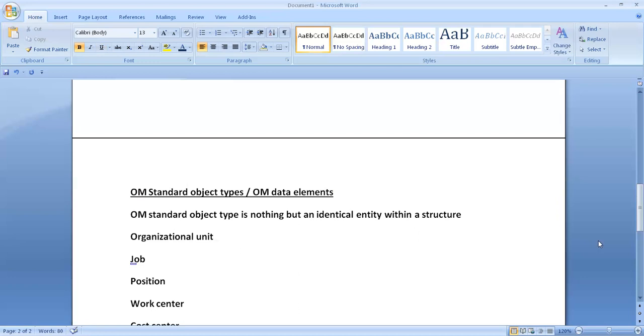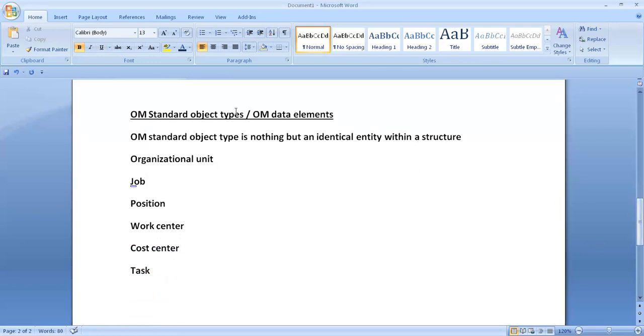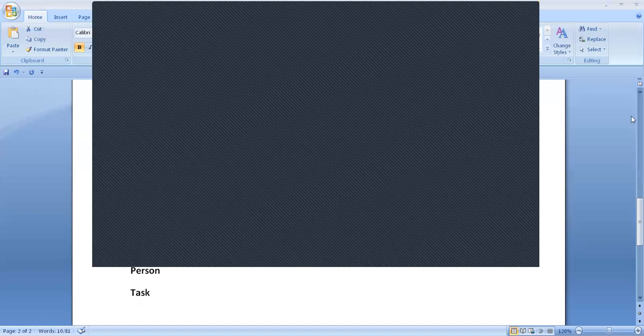So we are listing out some of the object types like organizational unit, job, position, work center, cost center, task, or person. These are some of the standard object types we can discuss. There are other object types, but we are discussing the most frequent ones like org unit, position, job, cost center, all these things.